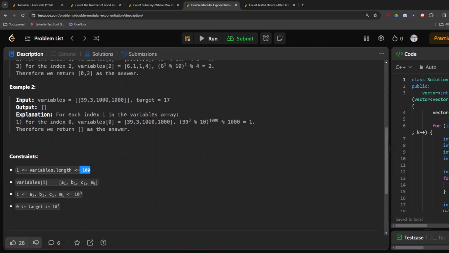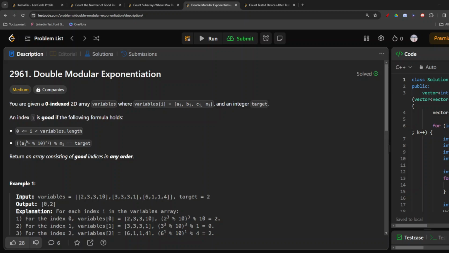Here we can see the constraints are pretty low, so whatever is mentioned in the question, we can go ahead with that implementation as it is. But the thing is that the mathematical formula which is mentioned can get us into many complications. So rather than directly putting in whatever is mentioned here, we should split this mathematical formula and then proceed, because the value can become much larger. a raised to power b is like multiplying a, b times, and there could be some very high values.